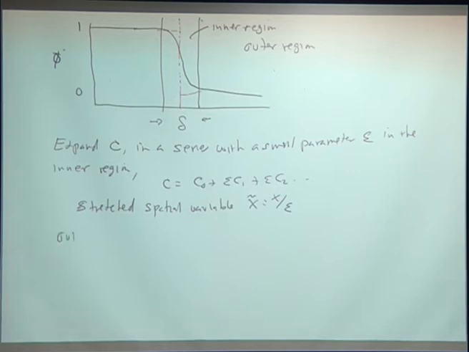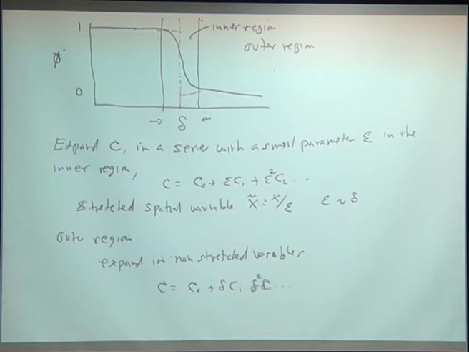And in the outer region, epsilon here is on the order of, is related to delta. In the outer region, you also expand, but in different variables, in non-stretched variables. And you also write C is going to be equal to C0 plus delta C1 plus delta squared C2 and so on.